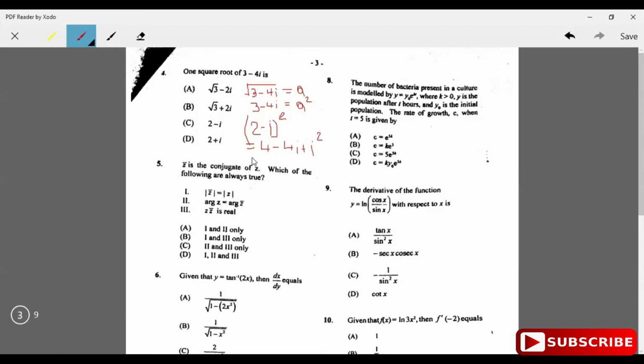And so that works out to be 4 plus i squared, well, i squared is minus 1, so this works out to be 3 minus 4i. And so option C is the answer. Easy question.